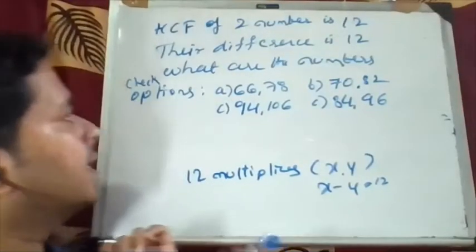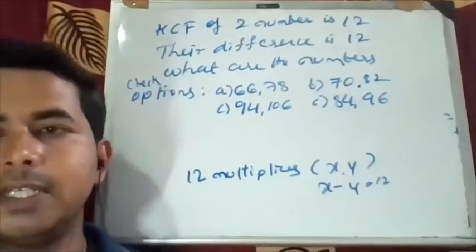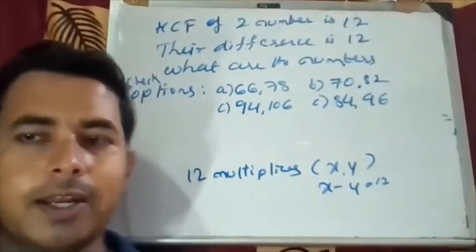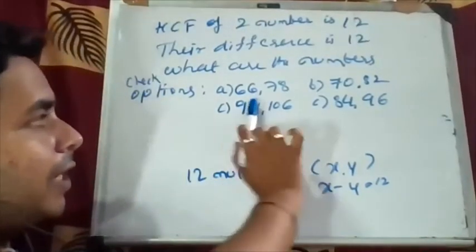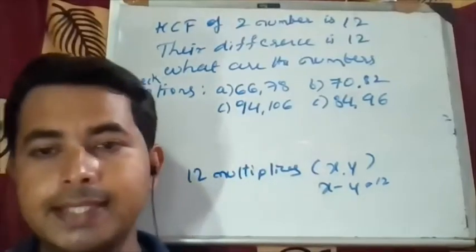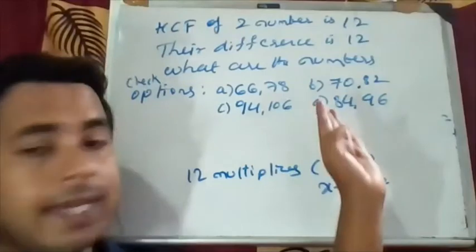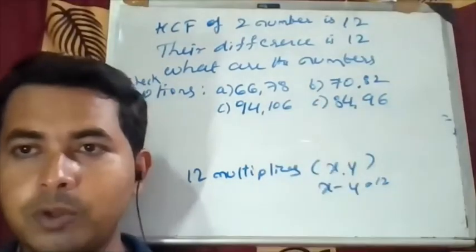Now see here, just see the difference. चारों का difference क्या आ रहा है? 12 आ रहा है. तो मुझे कैसे move करना है? See in 4 numbers किसका HCF 12 आएगा. अभी देखो, चारों का HCF find out करने में बहुत time लगेगा.